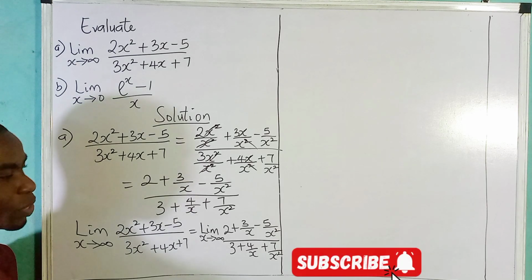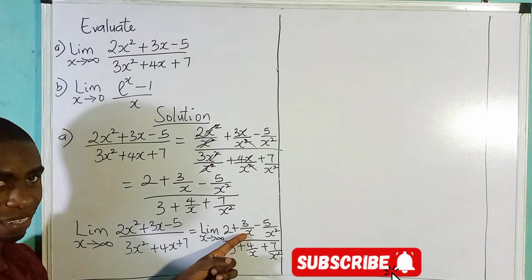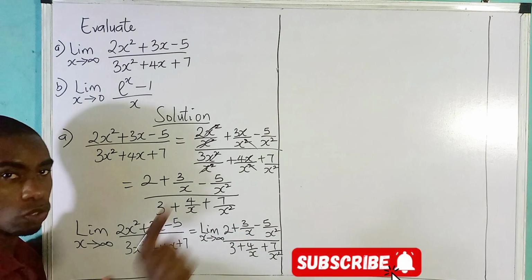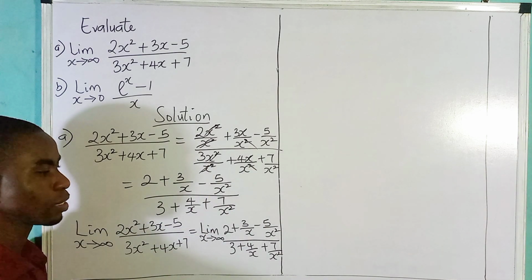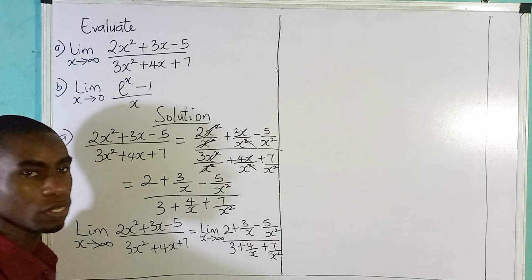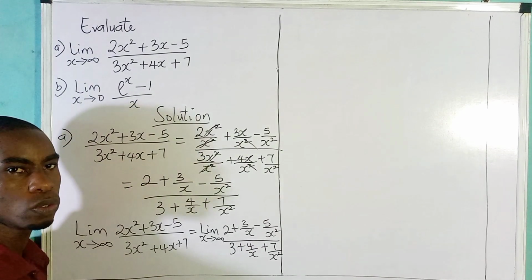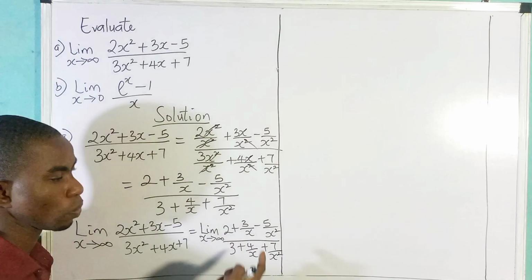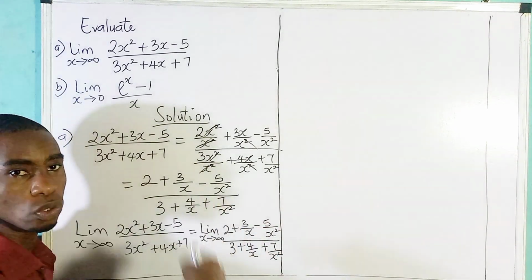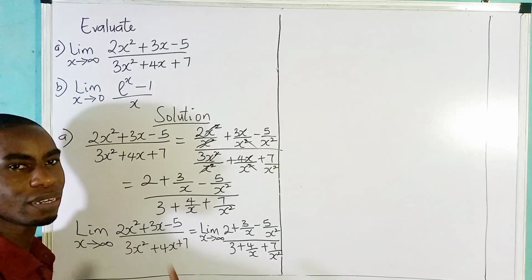The only thing is that when you are dividing by x and x is tending to infinity, which is a positive infinity, it means that the value of x keeps increasing. If you divide 3 by 2, you keep dividing it by a bigger number, it will tend to 0. This also will tend to 0 as the denominator increases.